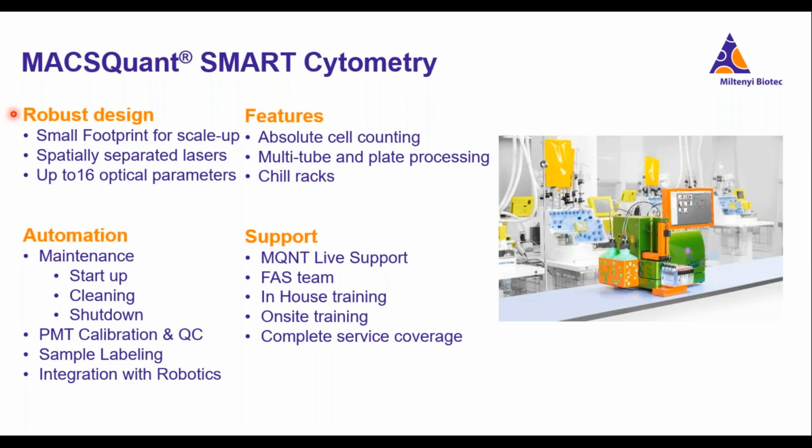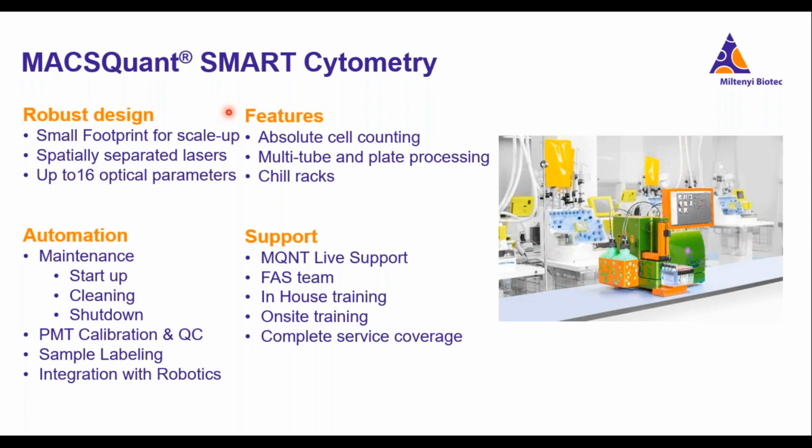The instruments have spatially separated lasers, which make data resolution as well as things like your compensation operate in a smoother way. The 4 instruments have different optical bench parameters, and they can go up to 16 optical parameters.